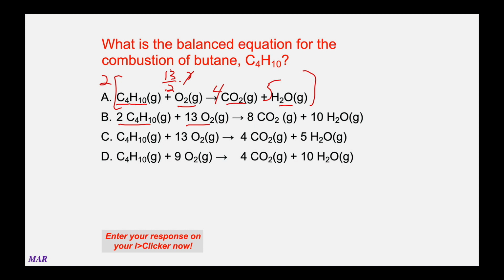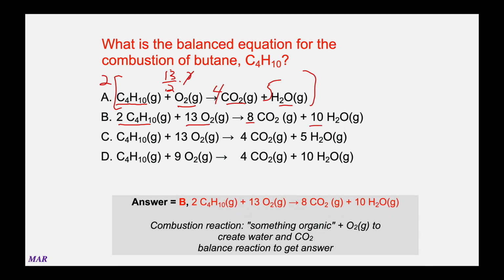Multiply the other side by 2 as well, so 4 times 2, 8, 5 times 2, 10. Pretty sure answer B is right. Sure enough, it is. Try not to use fractions in your balanced chemical equations. It's bad form usually. And a combustion reaction is something organic plus O2 making CO2 and water.